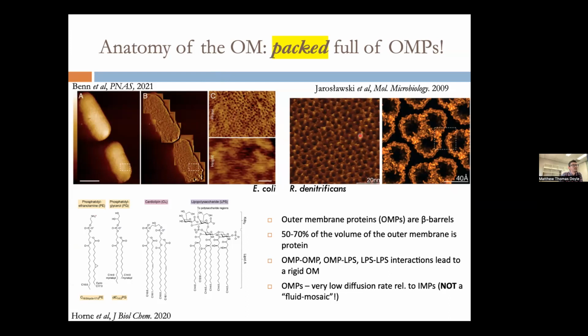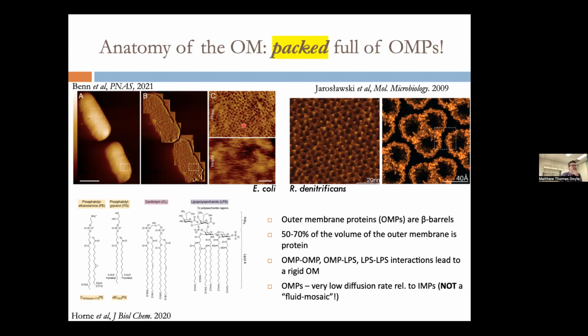This is another paper, and they've done a similar thing, but they took sloughed-off outer membrane fractions and did the same thing, allowing them to get a better resolution of what's going on.